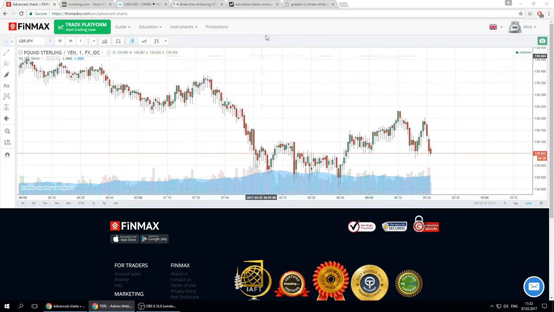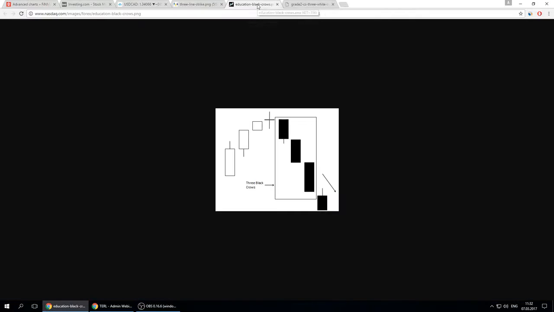What is that? I prepared the picture for you to show how it looks. So you see the 3 black crows pattern. That's a bearish reversal pattern that consists of 3 bearish candlesticks that are in the dark color on this picture.